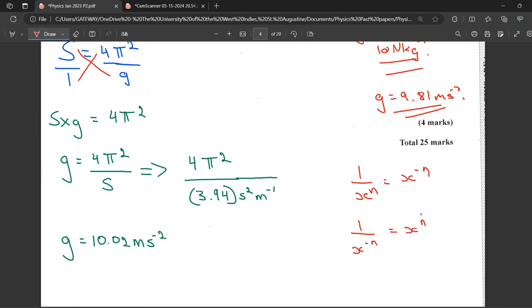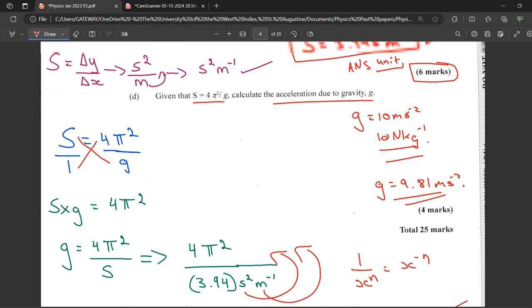Law of indices, right? So I have s to the power of 2 as the denominator, but I want to bring this on top. So if I bring it on top, it will be s to the power of negative 2. And I have m to the minus 1 at the bottom in the denominator. So if I bring it on top, I'll have m to the power of positive 1, or just m.